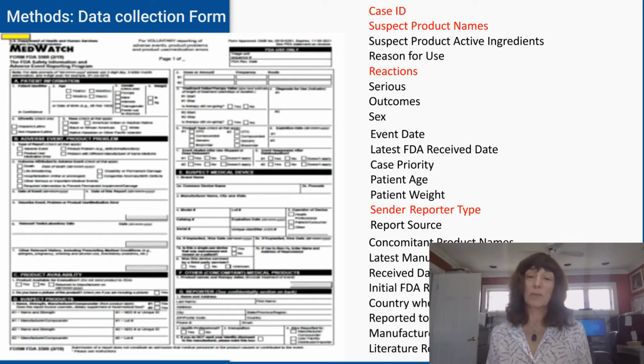However, in order to submit a form, you only need four pieces of information to make it a case: the identification of the person having the event, the suspected product or products and their names, the actual reactions or adverse events, and the sender, the person who's reporting it. So healthcare provider, consumer, they have different checkboxes.